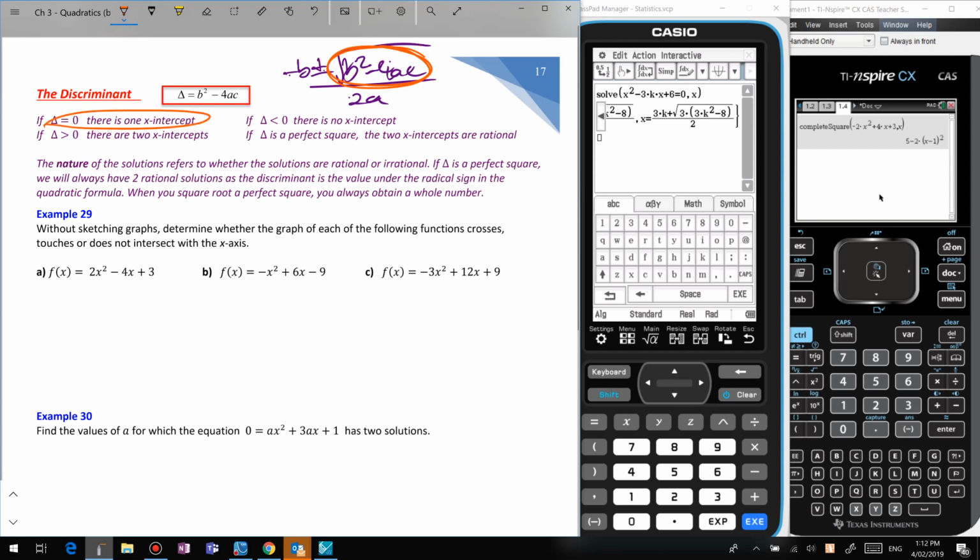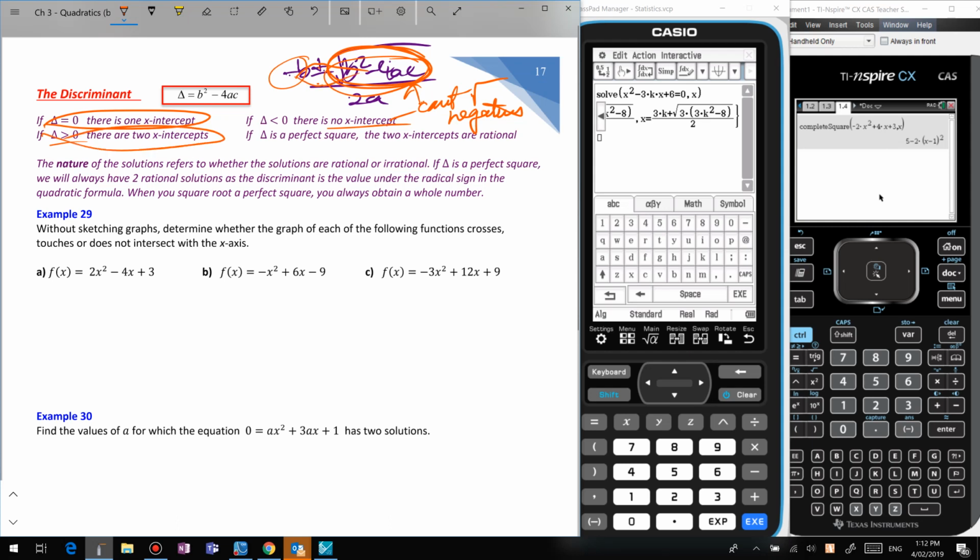That makes sense. If it's less than 0, we can't square root negatives, so therefore there's no solution. If it's greater than 0, I'm going to have negative b plus or minus a value. If I have negative b plus a value and negative b minus a value, that's going to give me 2 solutions.